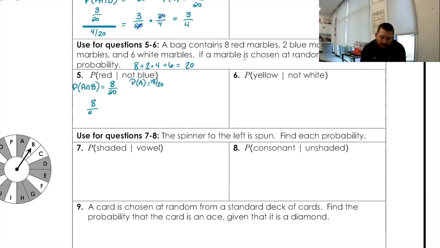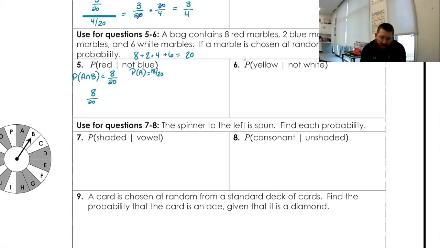So A and B divided by just A. Cannot divide fractions, so we have to multiply by the reciprocal. 20 over 18. Our 20s can cancel. We got 8 over 18, which is 4 ninths.